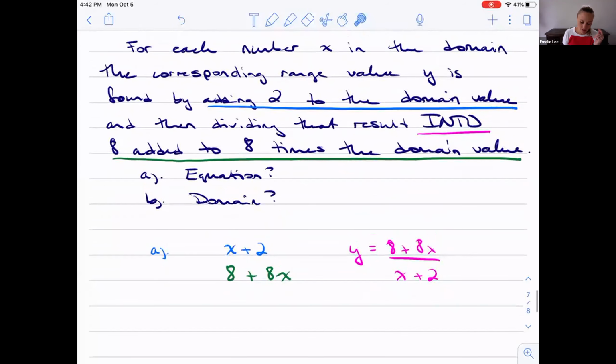So if it said found by adding 2 to the domain value and then dividing that result by 8 added to 8 times the domain value, then you would just have x plus 2 over 8 plus 8x. But because you're dividing x plus 2 into 8 added to 8 times the x, that's why the x plus 2 has to go into 8 plus 8x.